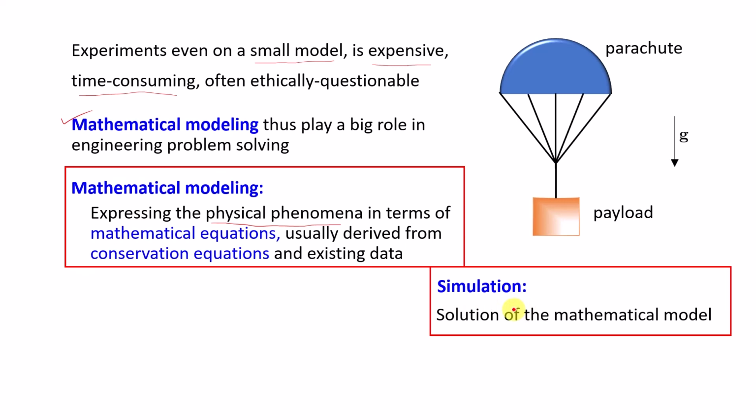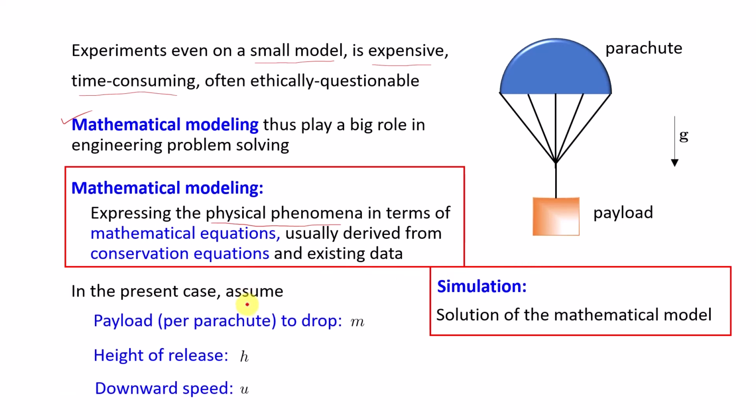Maybe not always, but most of the time it will require numerical methods. So now we'll see how far we can go if we simulate this problem without using numerical methods. Will it be realistic? And to make it realistic, what we need to do, we'll discuss here in this problem.